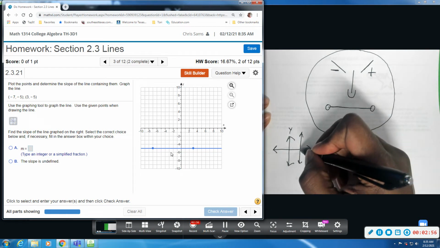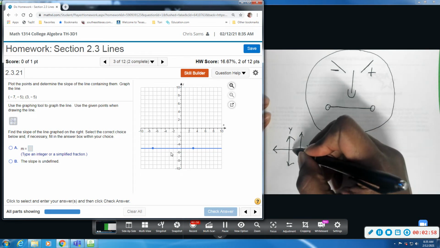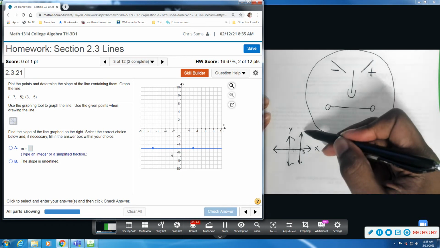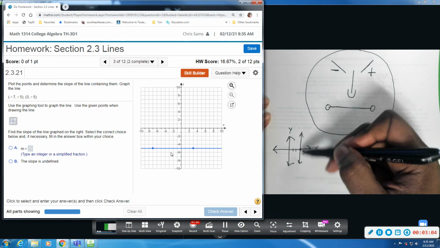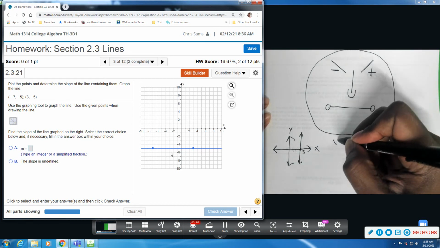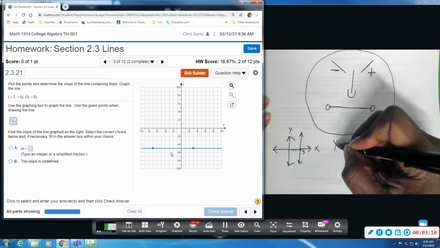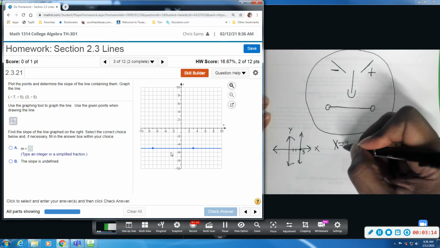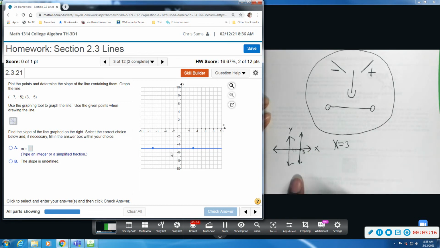So let's call this point 1, 2, let's call that 3. Wherever that vertical line crosses the x-axis, that will be the equation of that line. This line would be x equals, because it crosses the x. X equals 3. It does not have y in it at all.